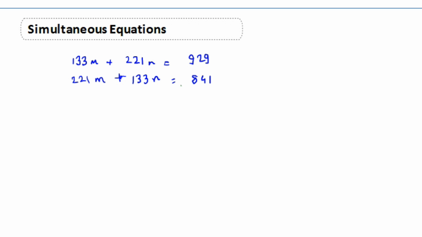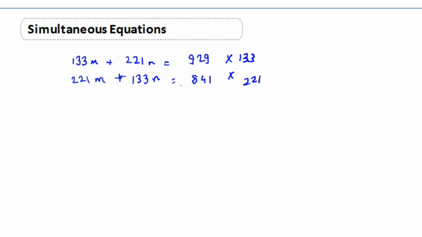The second problem that we have is something like this, where 133m plus 221n is equal to 929, and 221m plus 133n gives us 841. Now we can solve this by elimination, which means we'll have to make the coefficients the same, which means we'll have to multiply the first equation by 133, and the second equation by 221.